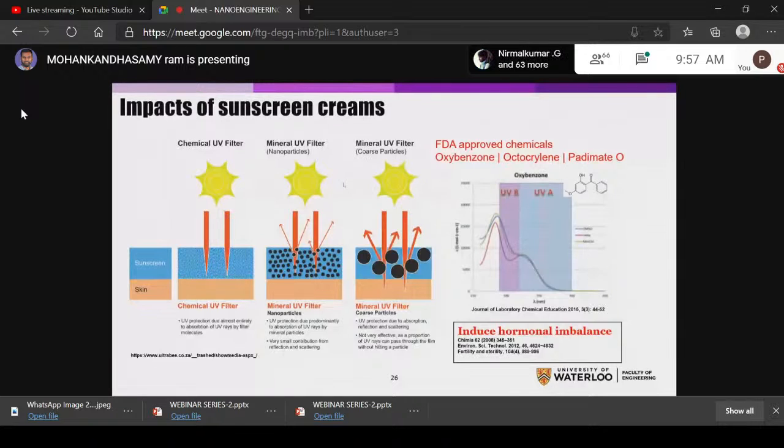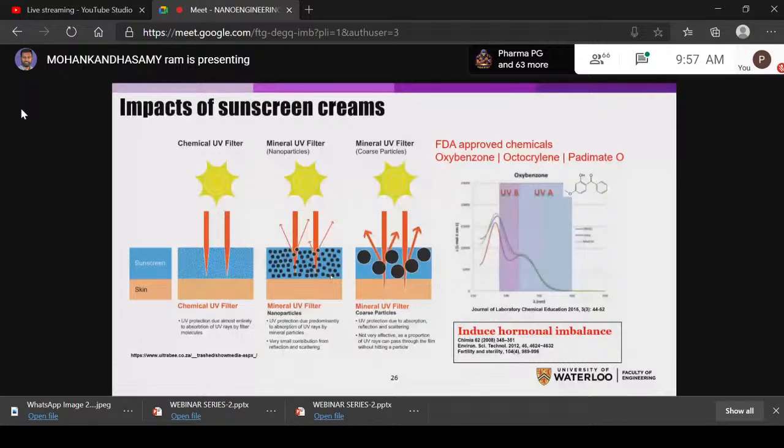These sunscreens have different materials, starting from chemical UV filters, mineral UV filters, nanoparticles, and coarse particles. Chemical UV filters absorb the UV rays and convert them into better rays, which are not harmful to health. The other mineral filters are nanoparticles and coarse particles, and these nanoparticles just reflect the UV rays.